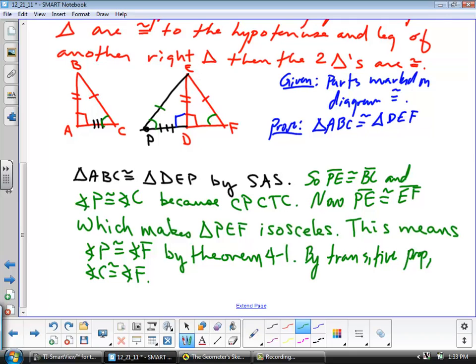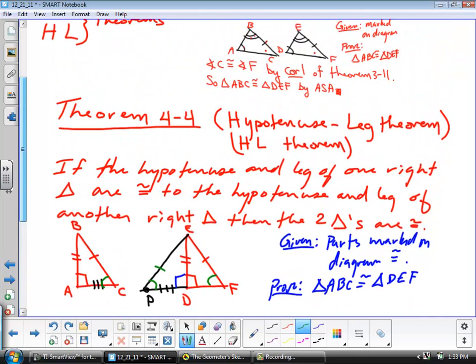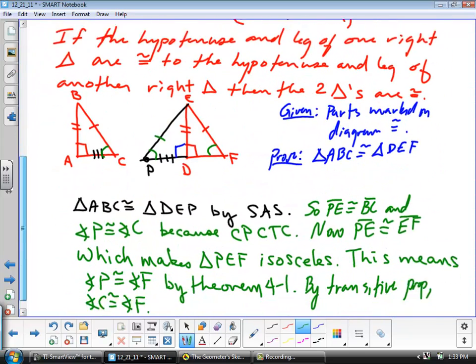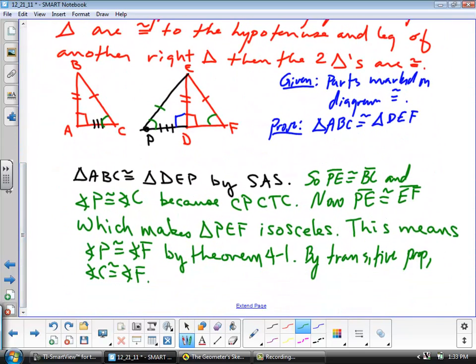Are they congruent by one of these four reasons? We get to use angle side now because we have proved it. It is angle, angle, side. We have angle C, angle A, and side AB, or else angle A, angle C, and side BC. It doesn't matter which way we do it. We have those same pieces on triangle DEF.